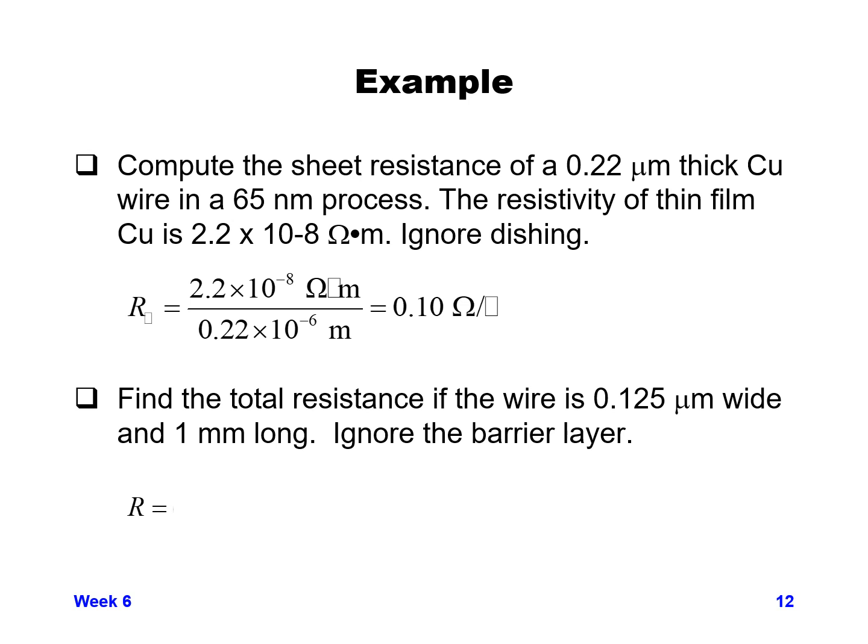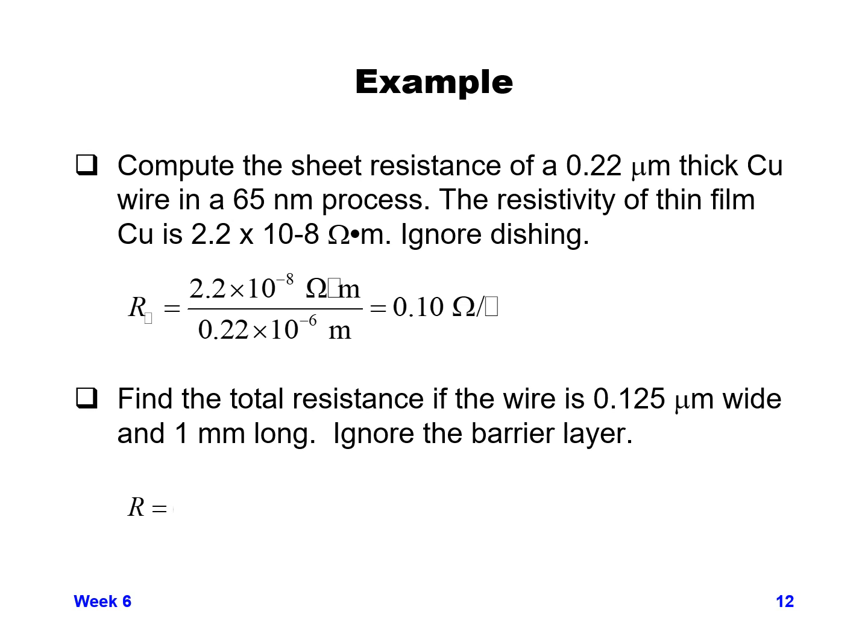Now if we want to take that and calculate the total resistance of a wire, if the wire is 2x the process technology, I said it was 65 nanometer, so 2x that is 0.125 micrometers. So we have a wire that's 0.125 microns wide and 1 millimeter long.